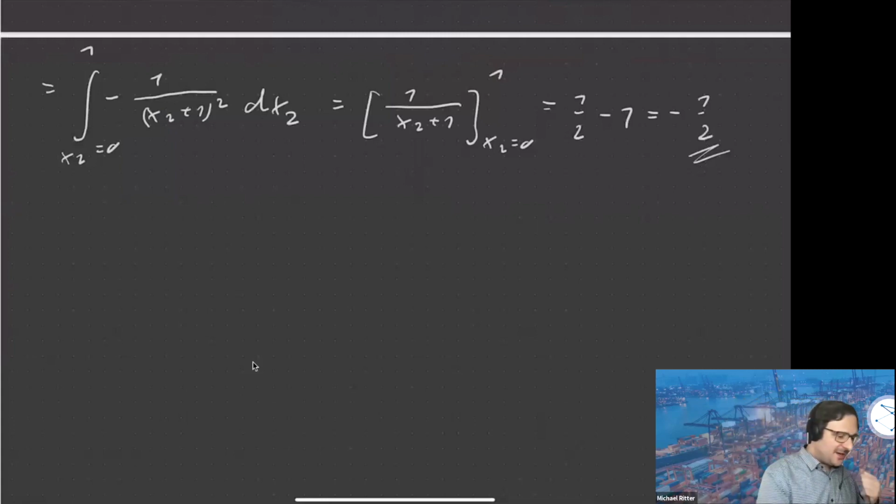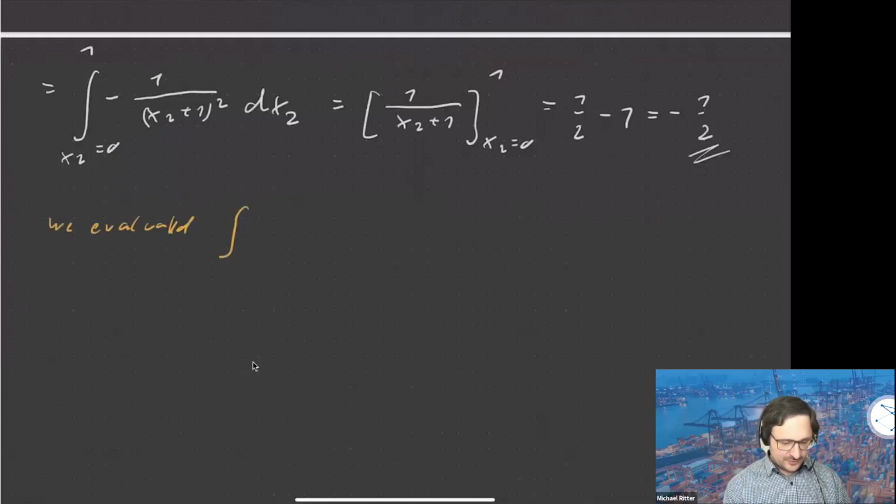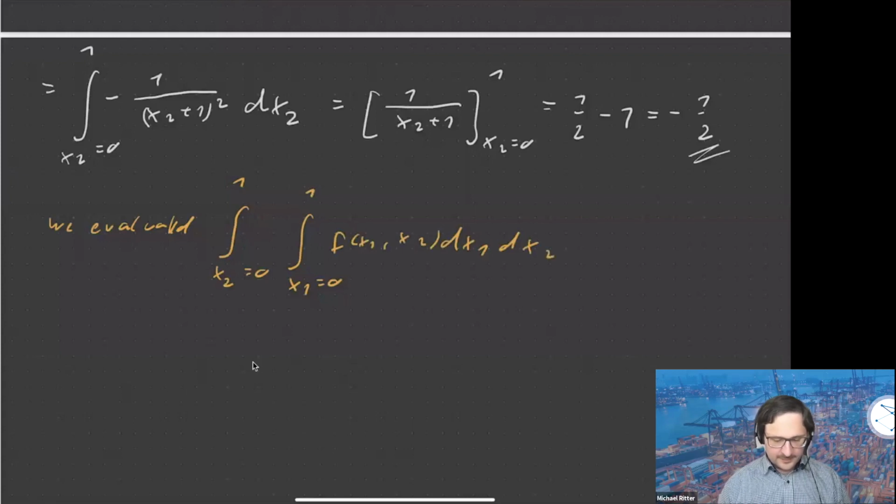So we still have to evaluate the other integral. So far, remember we evaluated this integral where x2 was the outer integral. Should actually make that more readable, like this. And x1 was the inner integral. So we still have to compare that to the integral where we switch that integration order.